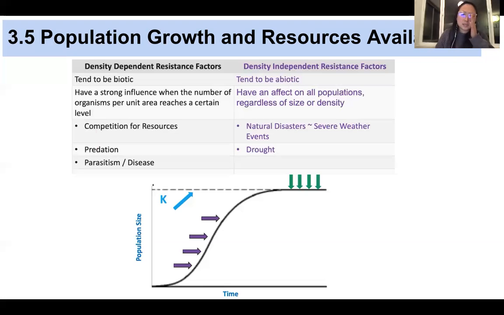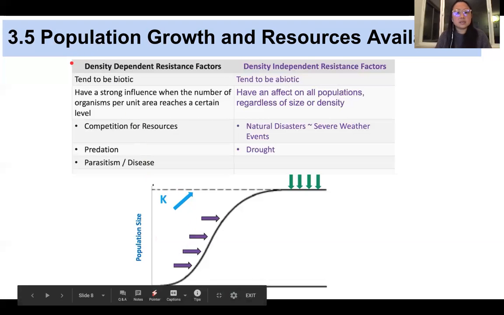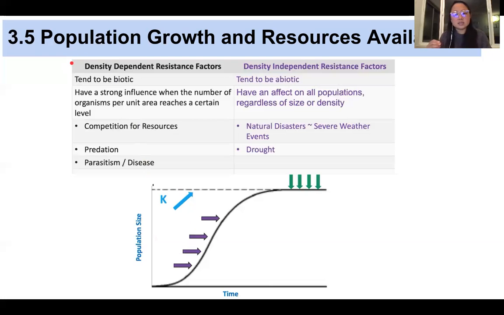So is the population dying off because a giant hurricane hit? That would be density independent. Is the population dying off because there are fewer plants since a different type of duck came in and is now eating them? That would be density dependent, right?